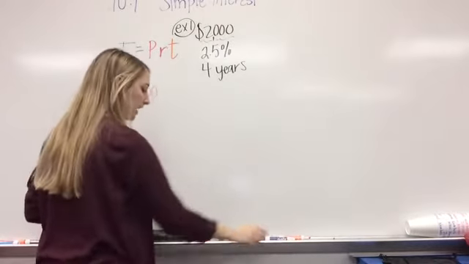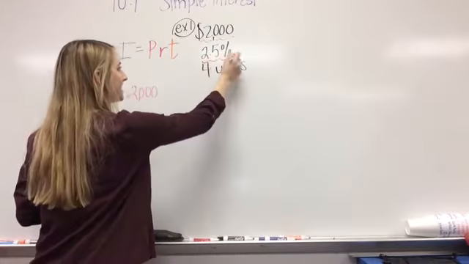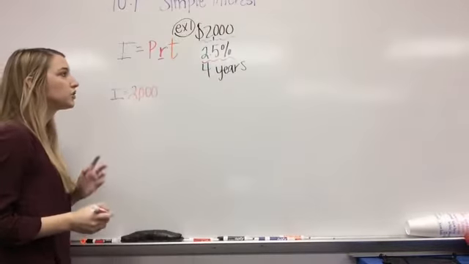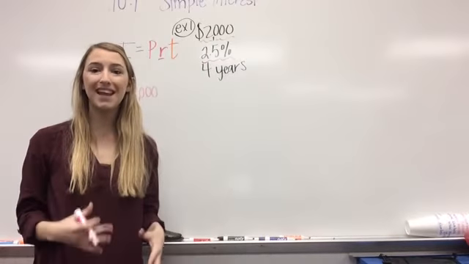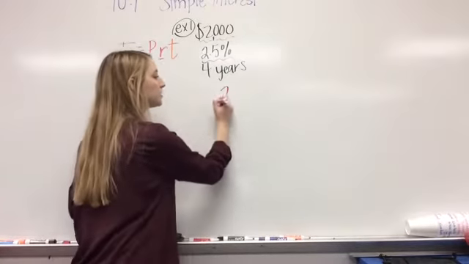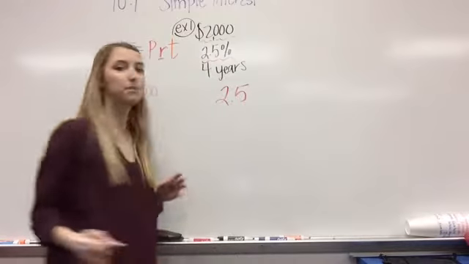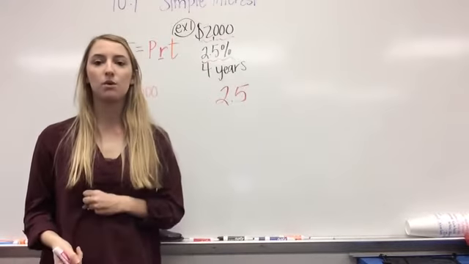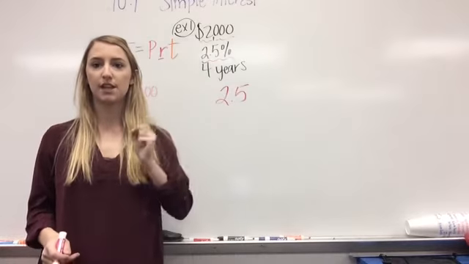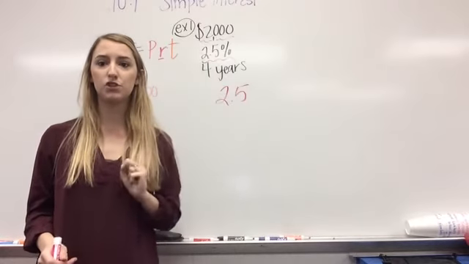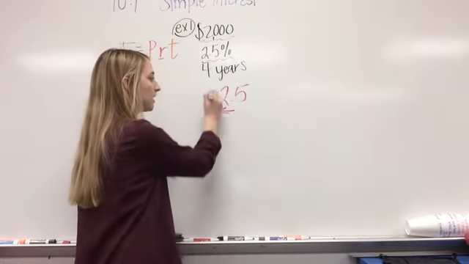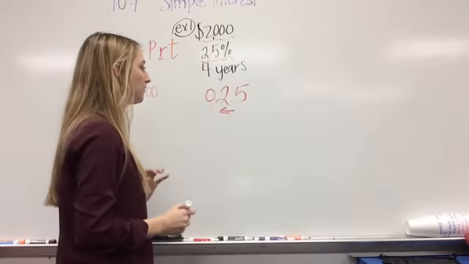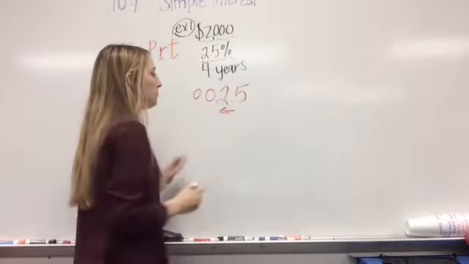Okay, and then I've got a rate of 2.5%. Remember, we have to convert this to a decimal. So I'm going to write 2.5 down here. If you remember, how do we convert it to a decimal? Well, we move it 2 times. How many times? 2. Which direction? We move it to the left. Okay? So I'm going to go ahead and add some zeros in front so that I can move it.